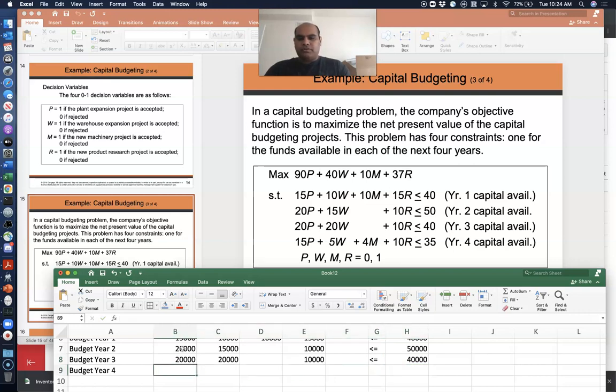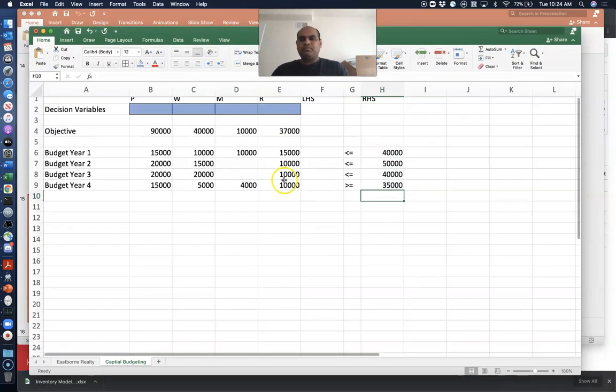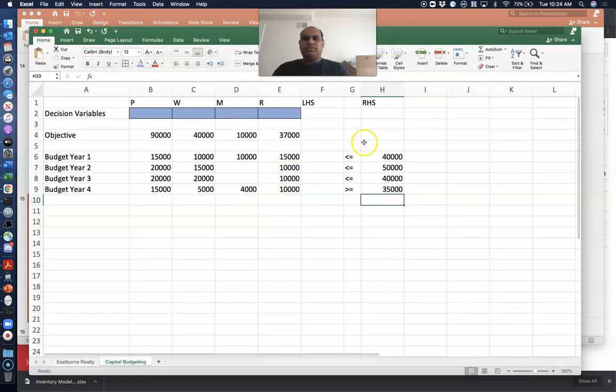Year 4, 15,000, 5,000, 4,000, and 10,000 have to be less than or equal to 35,000. There you go. So these are the 4 constraints.